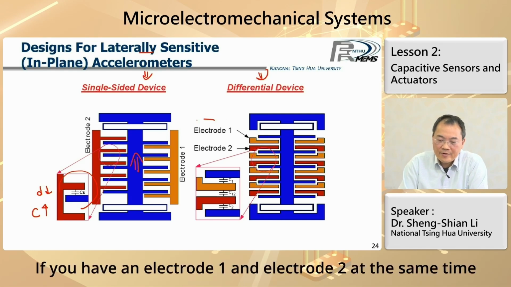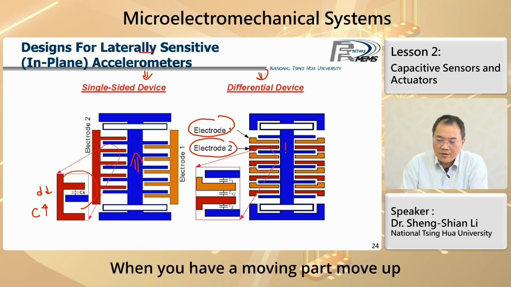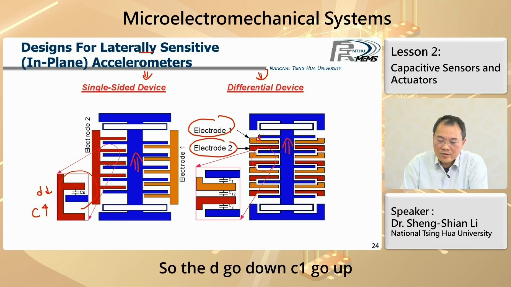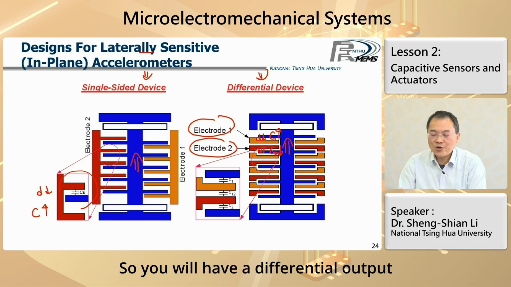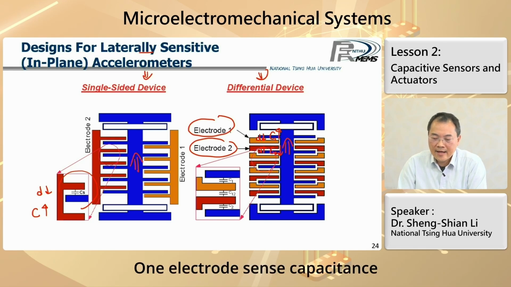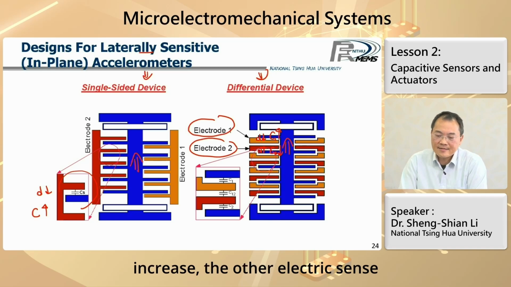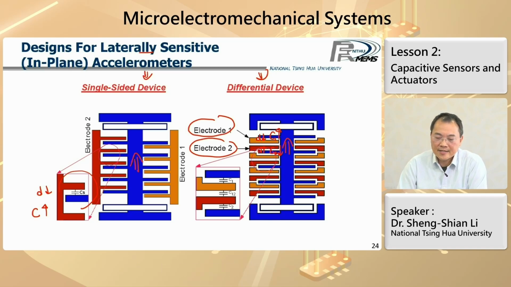But if you have electrode 1 and electrode 2 at the same time, when the moving part moves up, the D goes down, C1 goes up. The D here goes up, C2 goes down. So you will have a differential output: one electrode senses capacitance increase, the other electrode senses capacitance decrease.